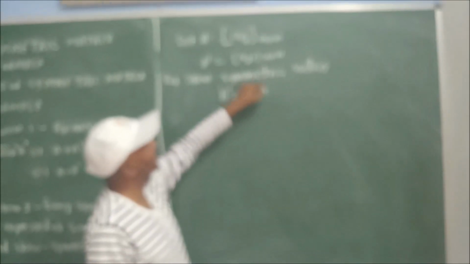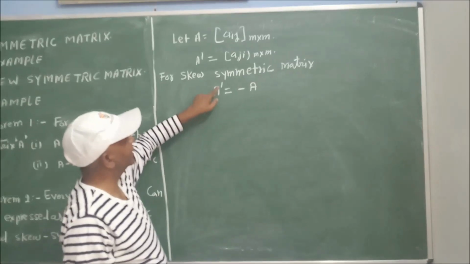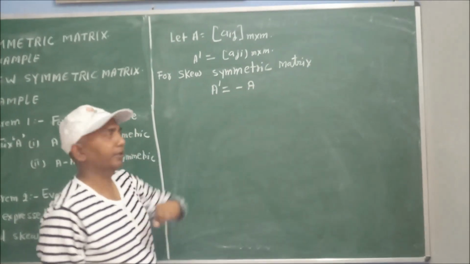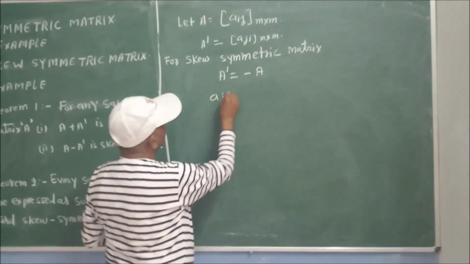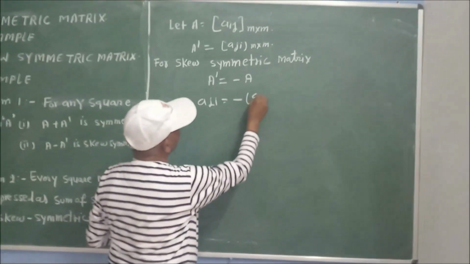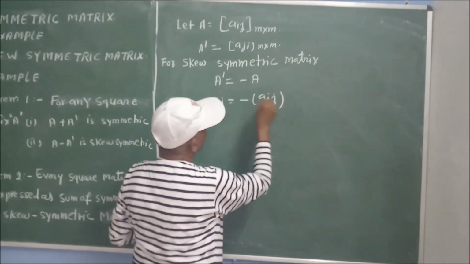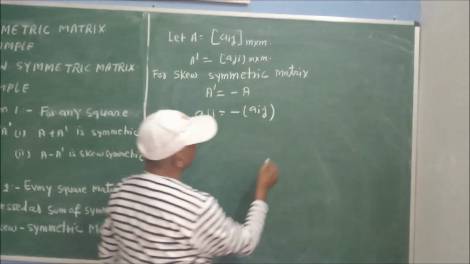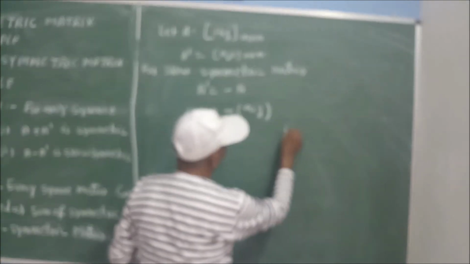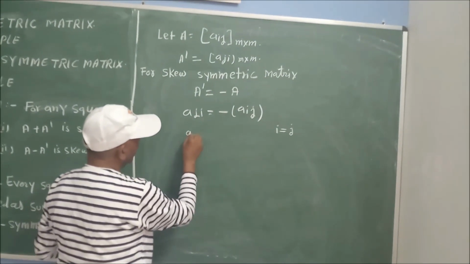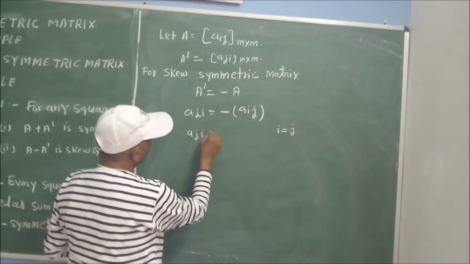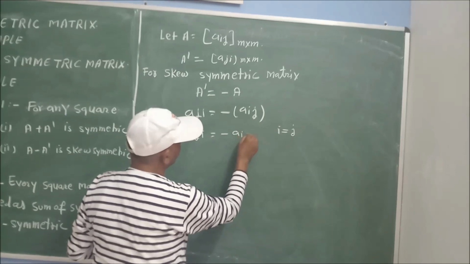But for a skew symmetric matrix, as we know, A transpose must be equal to minus A. So A transpose means Aji must be equal to minus Aij. So what happens when i is not equal to j? Then we can say that Aji is equal to minus Aij.